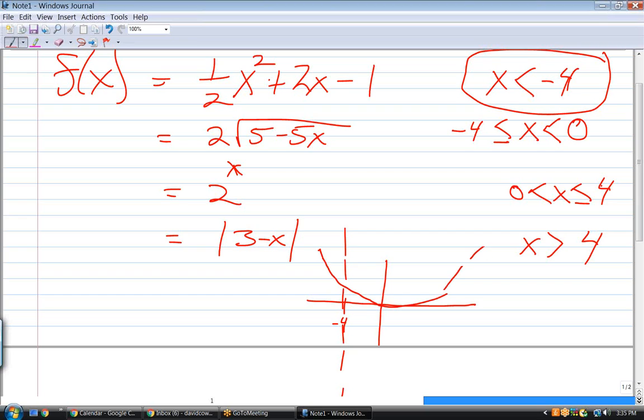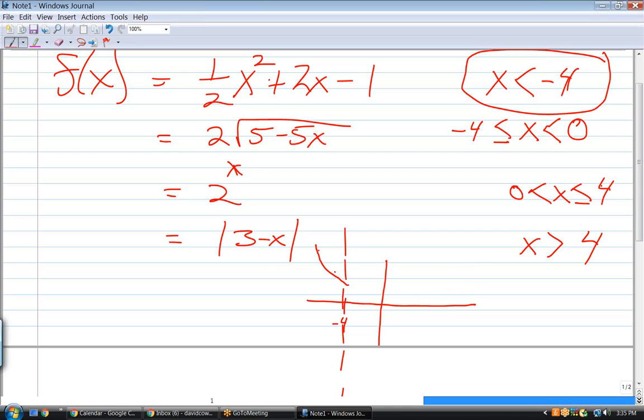Like the parent function? Yeah. In other words, that's a flat parabola, flatter than normal because of the coefficient of 1/2. It faces upwards. If that was the only function for all x, I would plot it with this red parabola down here. One way to think about this is plot everything and then erase the part that doesn't belong in our domain. In other words, it would stop right there, like that.